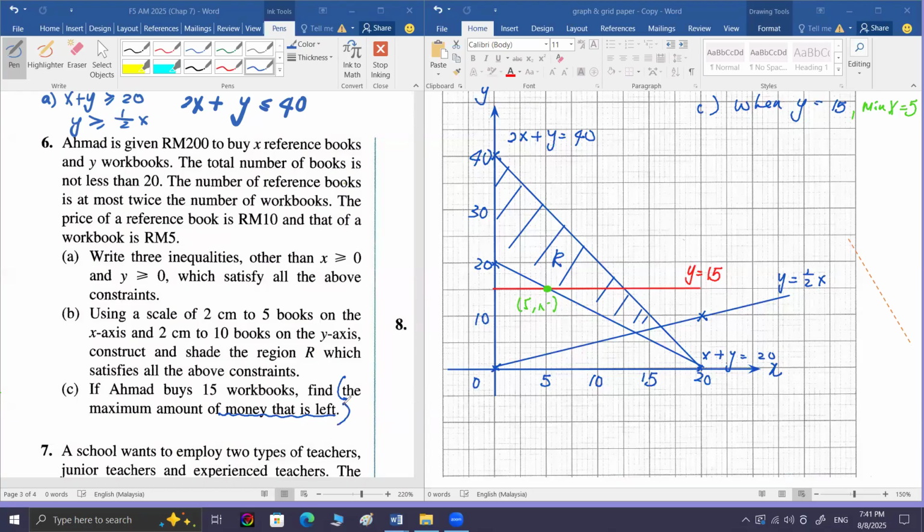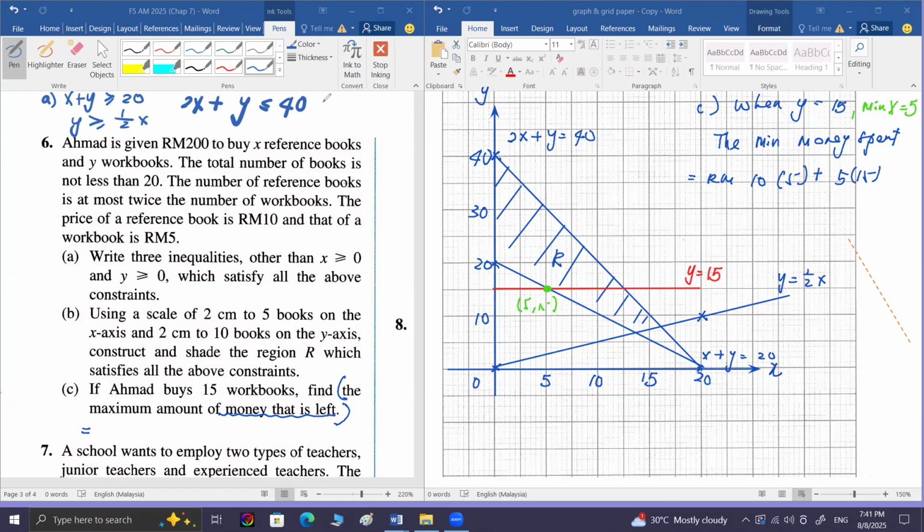So to get the maximum amount of money that is left, I have to find the minimum money spent first, sorry. The third inequality is 10 times 5 plus 5 times 15.